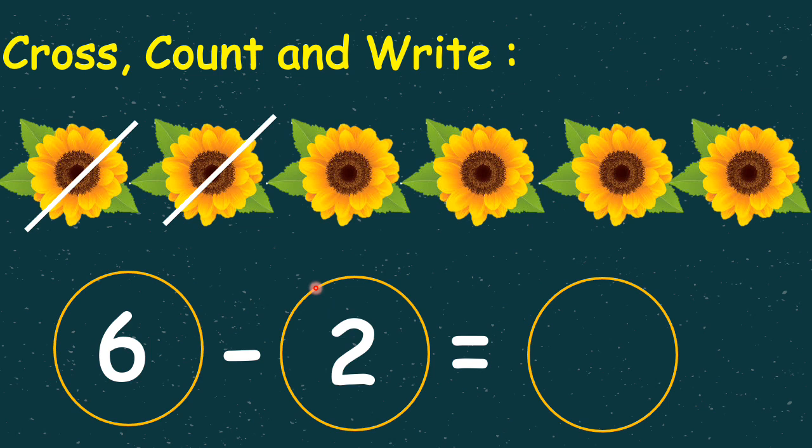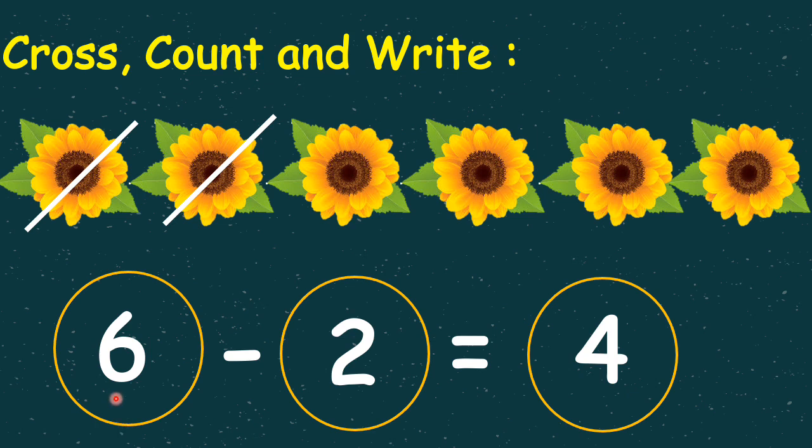So how many flowers are remaining now, children? So count along with me. 1, 2, 3, 4. How many flowers are remaining? And you need to count and write. Count along with me once again. 1, 2, 3, 4. So you need to write number 4 in the circle.